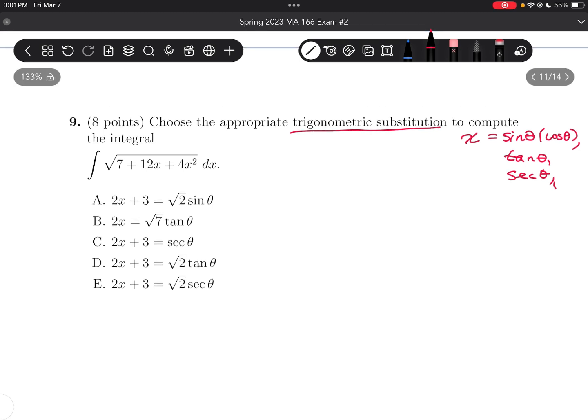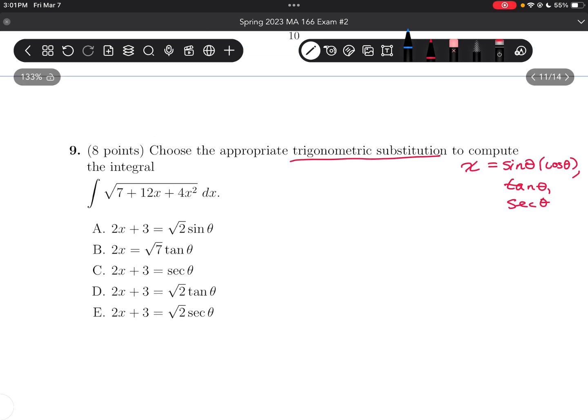And the reason we use trig substitution most often is in cases when we have the square root of a variable squared plus or minus a constant. The reason is because of the trig identities.